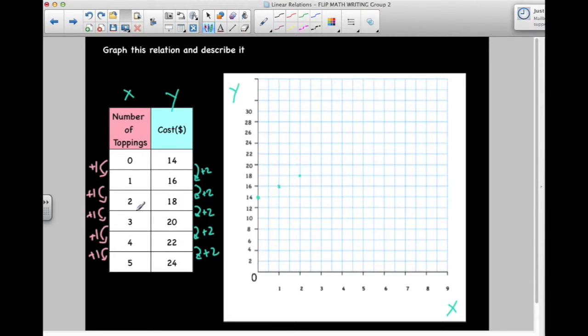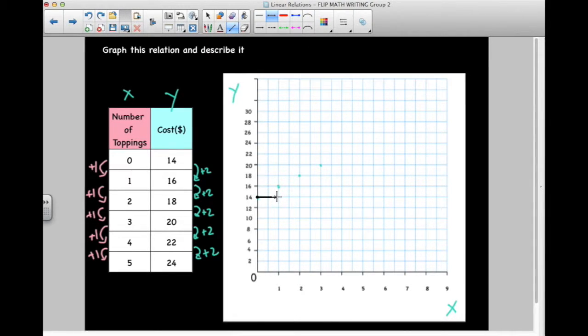If we have 3 toppings, our cost is $20. Now I want to stop here, and I just want to show you what this represents. As we're increasing our toppings by 1 each time, we can draw a nice little straight line. Right, we've increased our toppings by 1 each time.